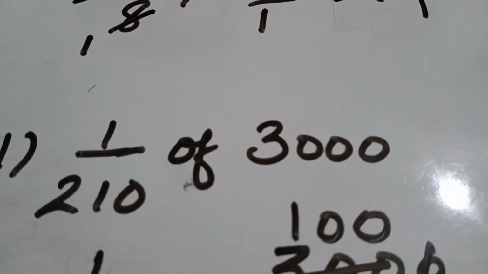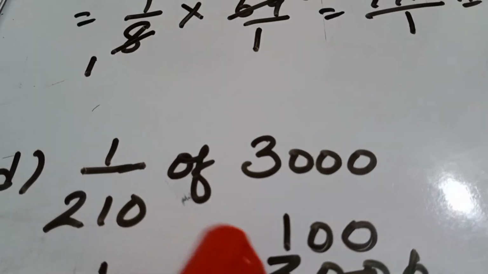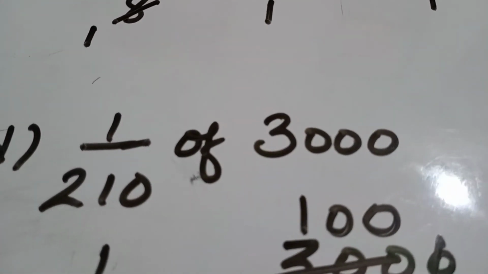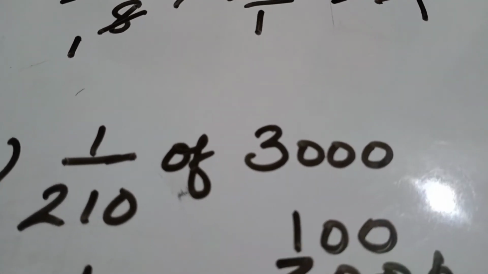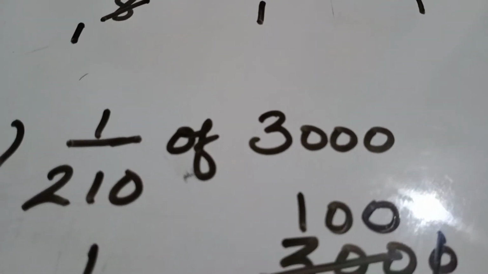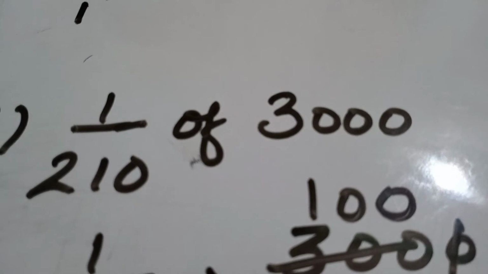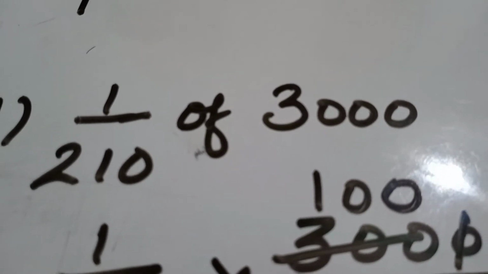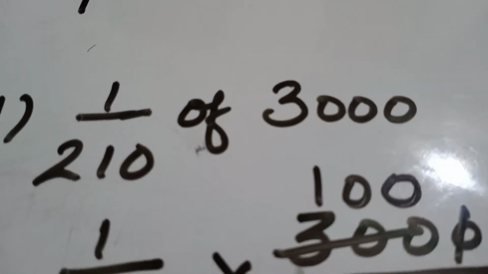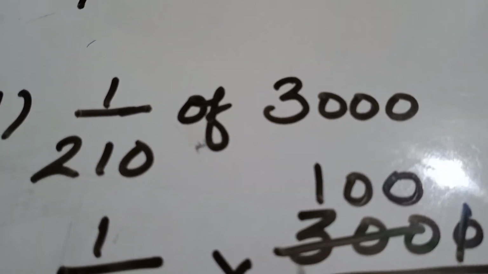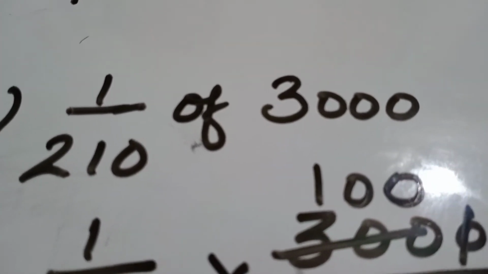So it is a very important term for us to understand how to find the fractional part of a whole number, especially when we go to higher classes and try to solve percentage type questions, like what percentage I got. So learn it and try to understand it. What is a fractional part, and how to find it out of a whole number.